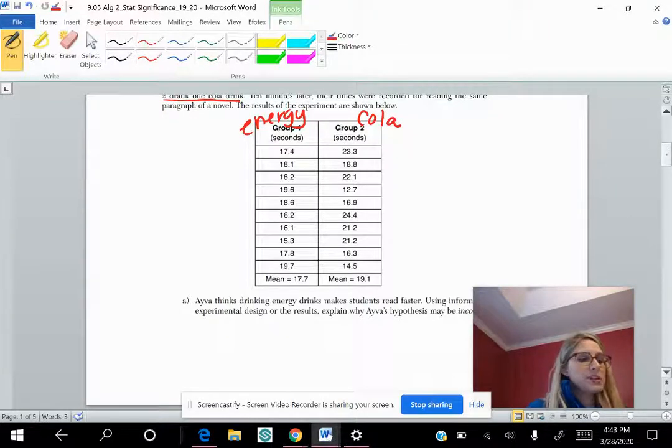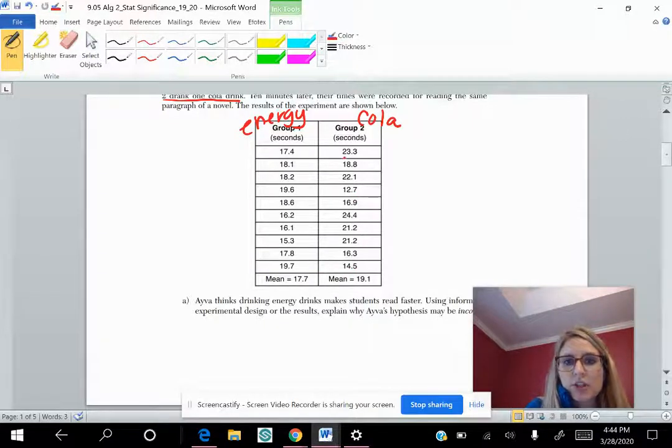All right, so maybe some ideas that you came up with is that looking through your data here, you may have noticed that some of these students had faster reading times in group 2.